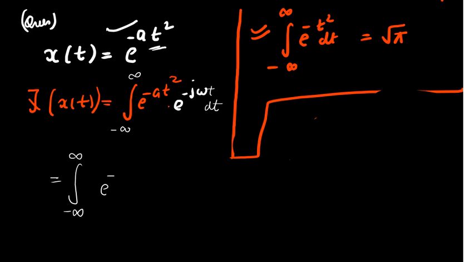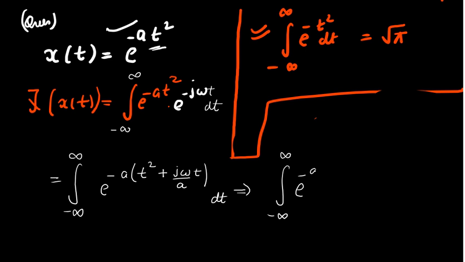So first we can write it in this form: e to the power minus a times t square plus j omega t by a, dt. Now we are going to write it in a whole square form.